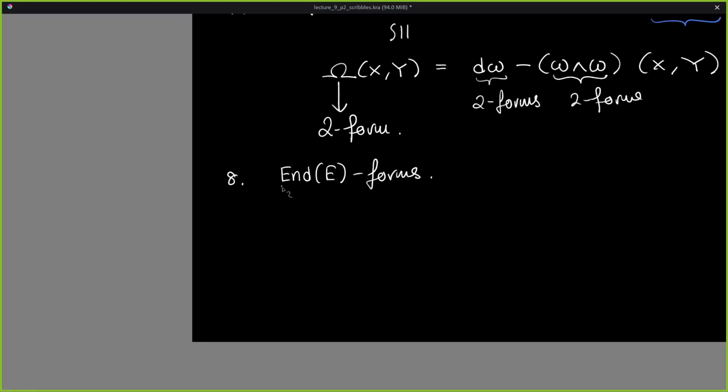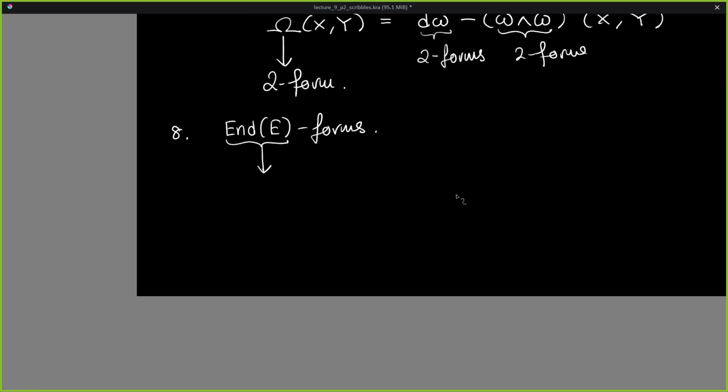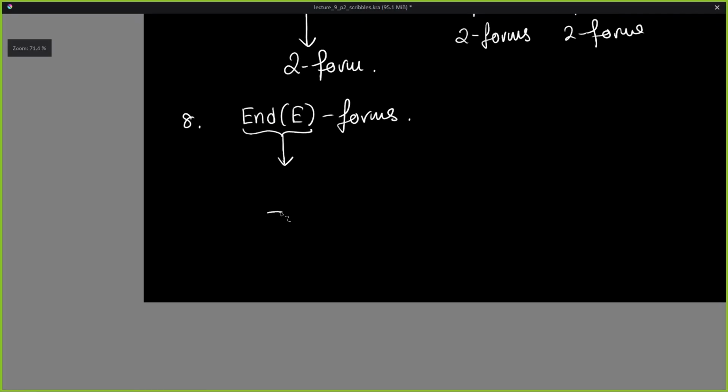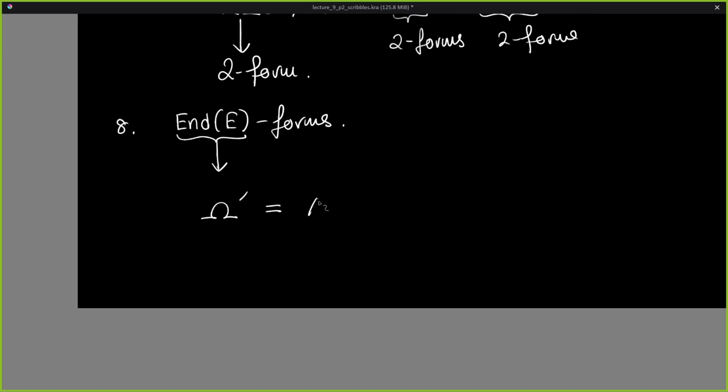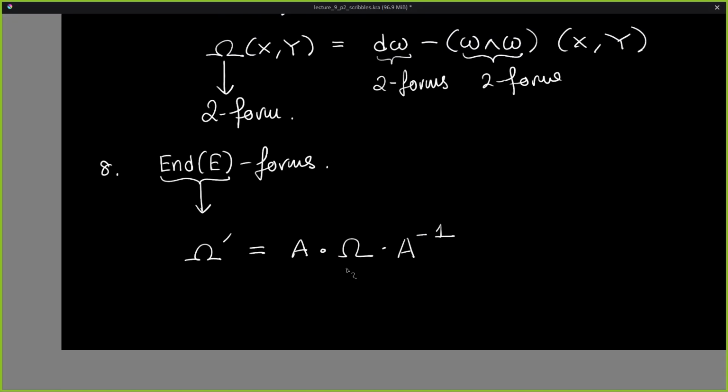But the matrices in this case have a very special transformation property which makes them endomorphisms, which is that omega prime is equal to A dot omega dot A inverse. This is what makes it an endomorphism valued form, as opposed to just a regular plain matrix valued form.